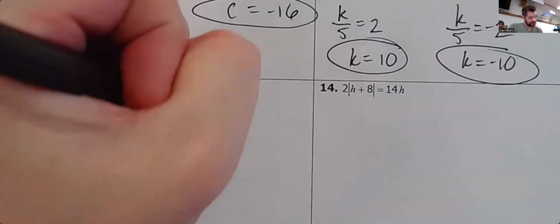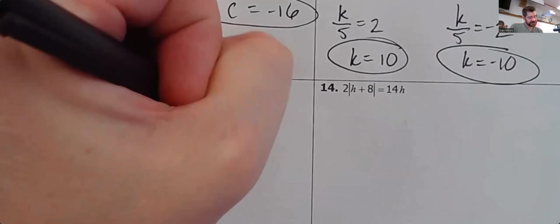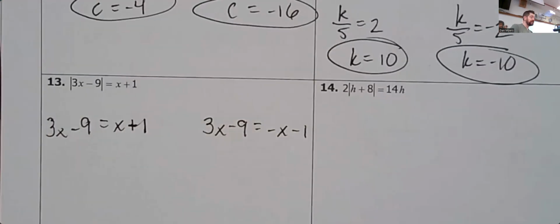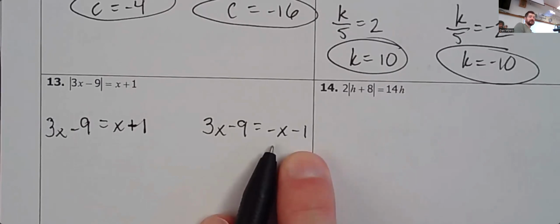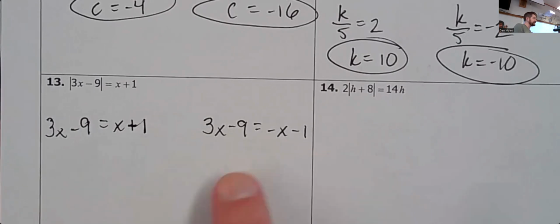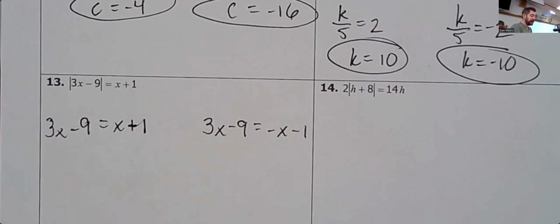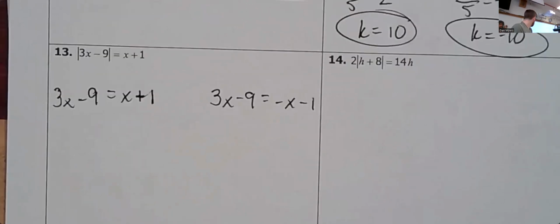So what that ends up being would be 3x minus 9 equals the opposite of x minus 1. Both things become their opposite values. So if there's more than one term as an expression on the opposite side, once you've isolated your absolute value, take the opposite of everything over here.